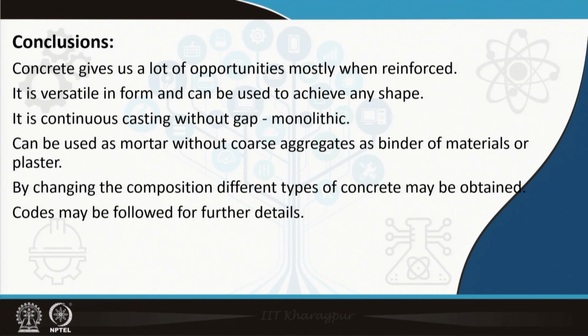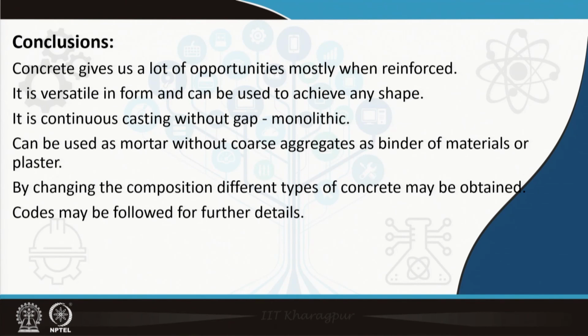It can be used as mortar without the coarse aggregates, as a binder of materials, or mortar can be used as a plastering item. By changing the composition, different types of concrete can be made. Codes are to be followed when there is a construction and we are going to try to achieve a particular strength in it.